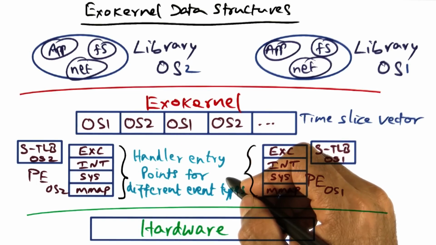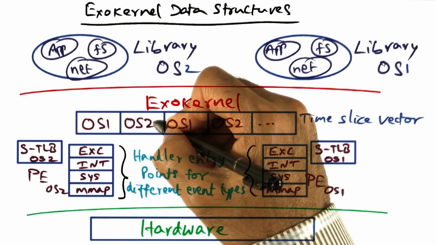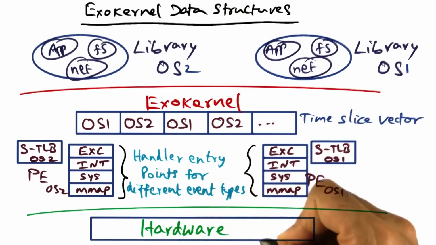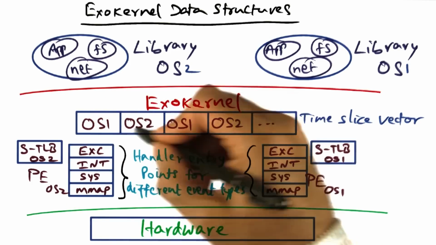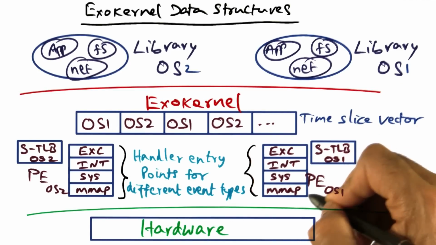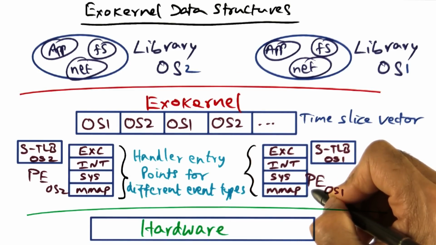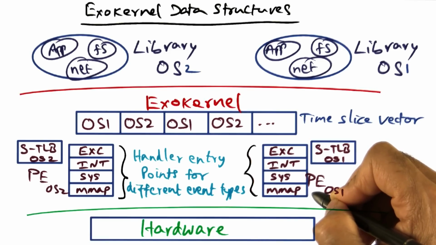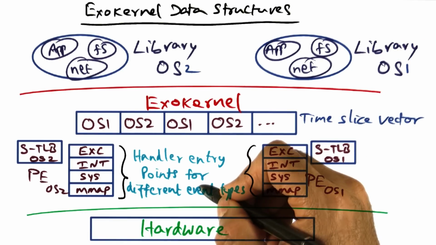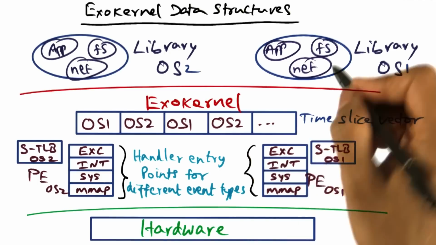Or in other words, I mentioned that on a context switch, Exokernel, when it goes from one operating system to another, saves the current TLB in the hardware TLB, in the software TLB that is associated with this particular operating system. And here is where this entry point is important. This actually is specifying to Exokernel the set of guaranteed mappings that a particular library operating system wants Exokernel to maintain on its behalf every time it is scheduled.